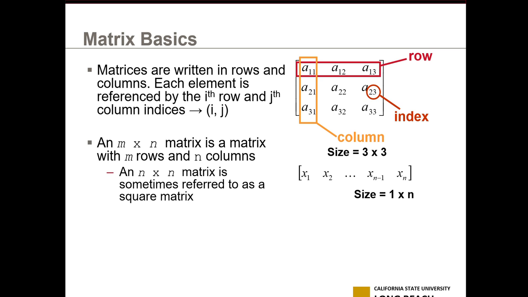When we describe a matrix, we almost always describe it by its size. If you look at this matrix as an example, this is a 3 by 3. There's 3 rows times 3 columns. Okay? The indices for that are typically known as i and j. i and j represent which row you're looking at and which column you're looking at. If somebody says an m by n matrix, it typically means it has m number of rows and n number of columns.